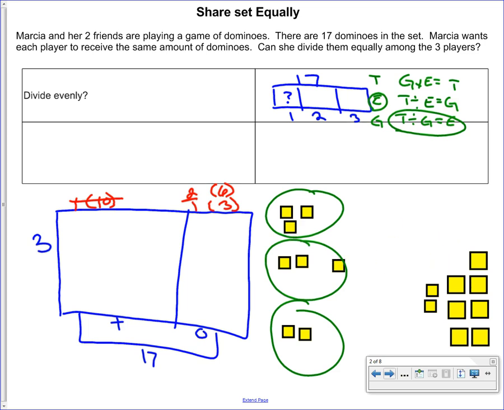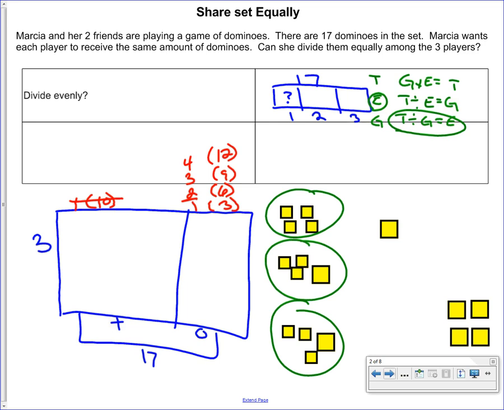Okay, if I do 3 in each group, 3 would give me 9. I still have a lot more. Let's keep going. If I put 4 in each group, that'd be 4, 8, 12. Still have more.